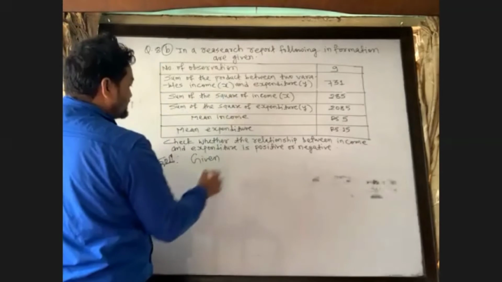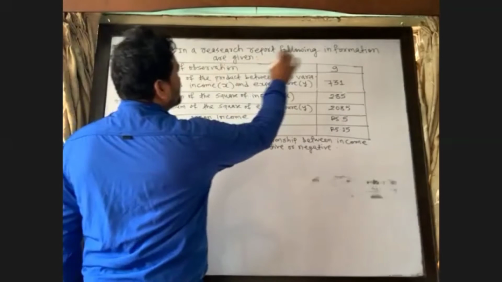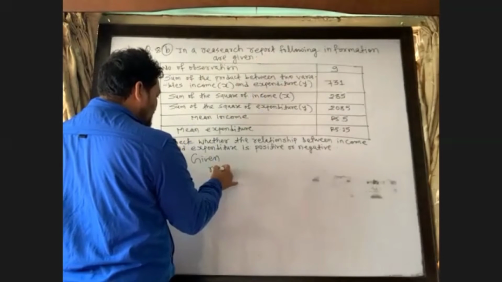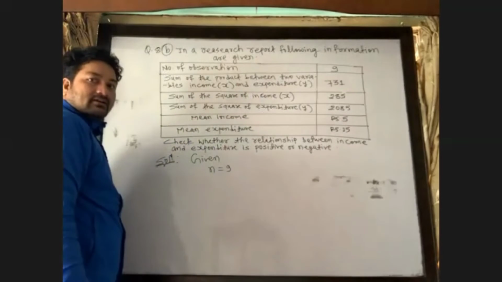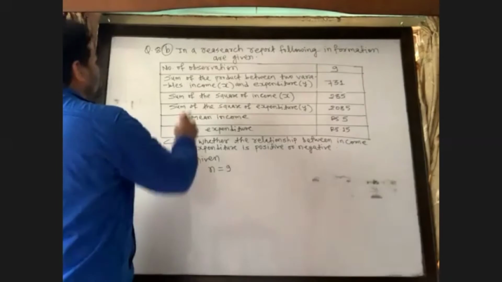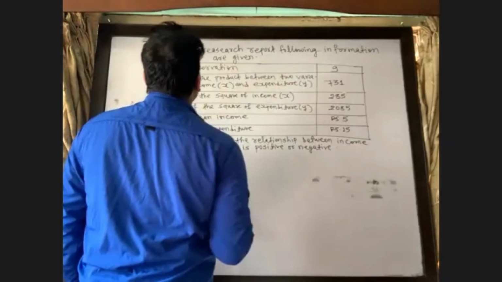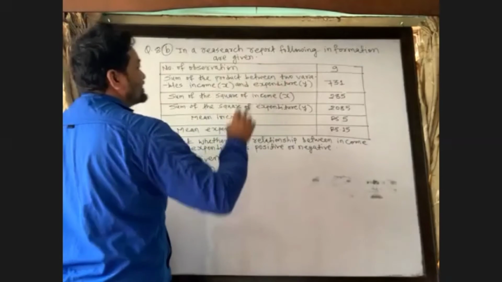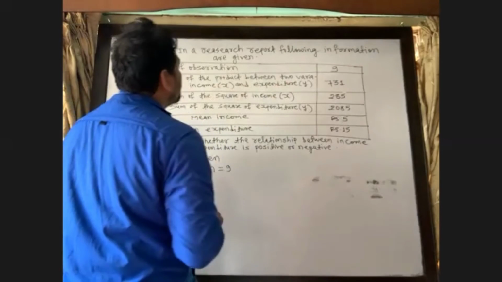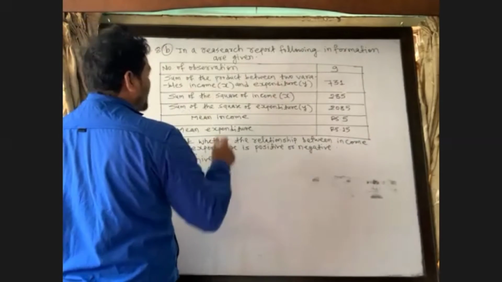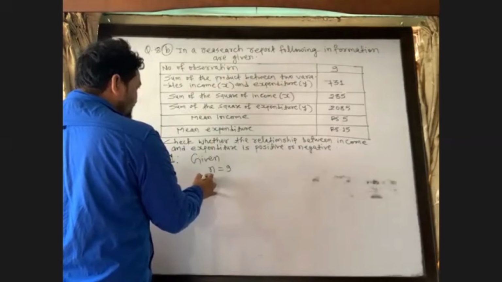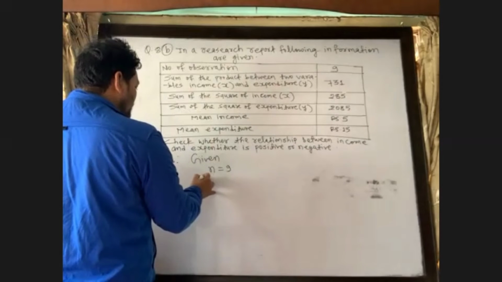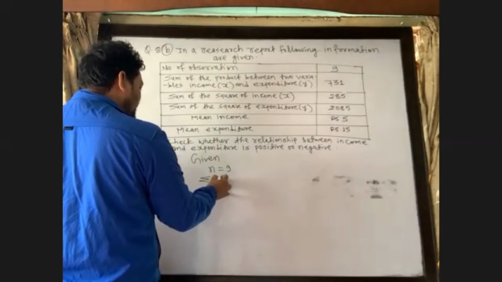Given the number of observations छ. Number of observation भनेको that is 9. So n is equals to 9. Sum of the product between two variables income and expenditure भनेको summation xy given हो.